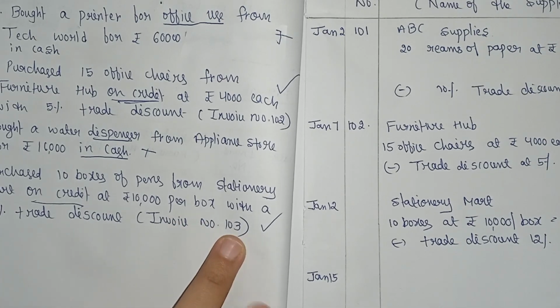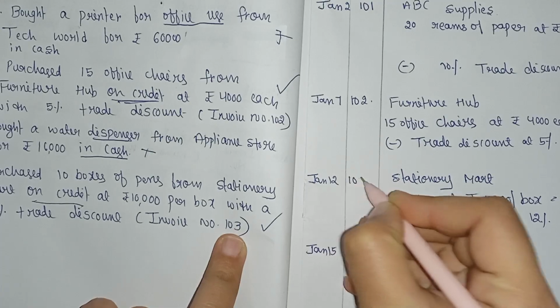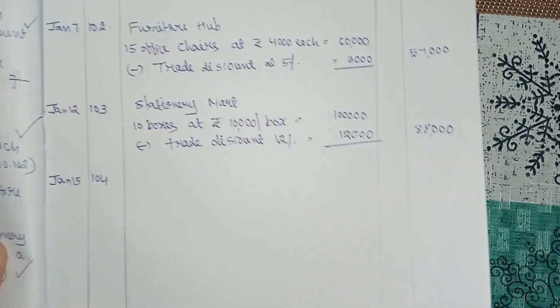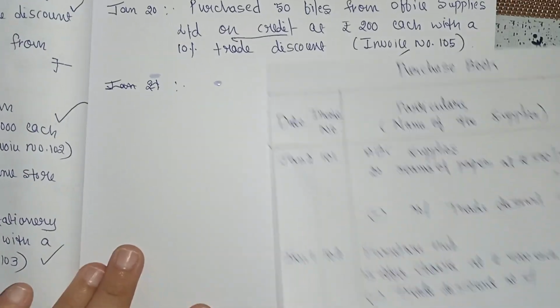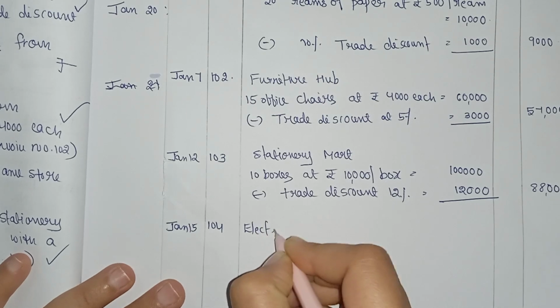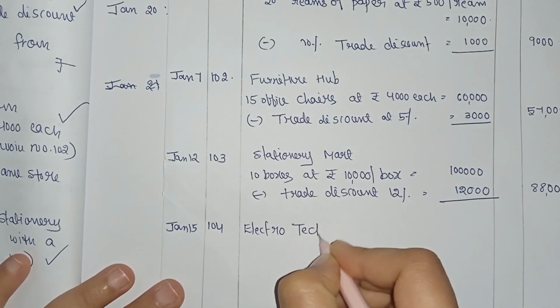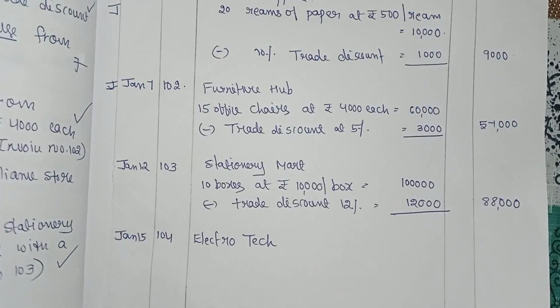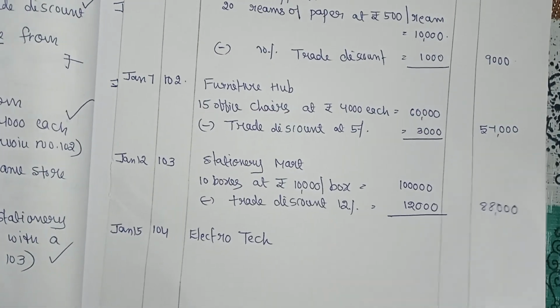January 12 is 103. January 15, invoice number is 104, and supplier's name Electrotech. Directly we will write down the amount, that is rupees 1 lakh, because there is no trade discount.